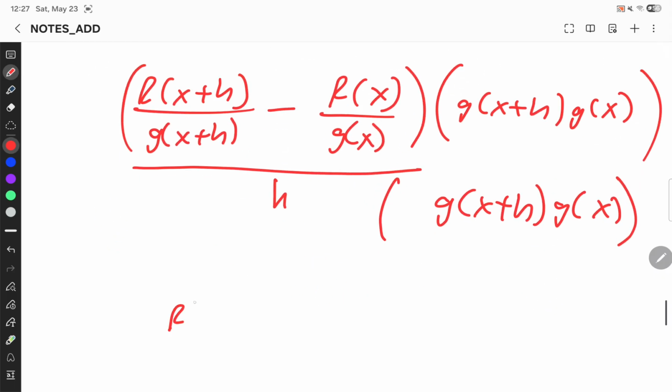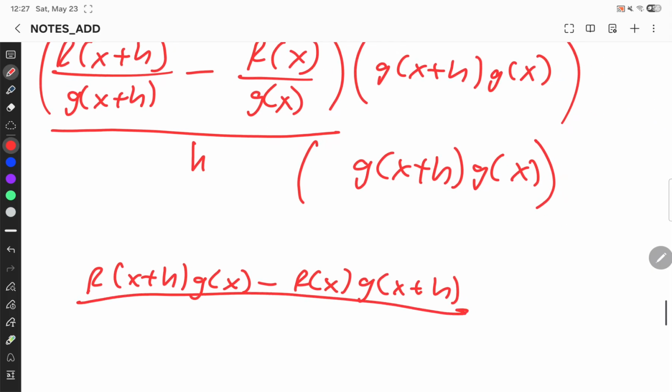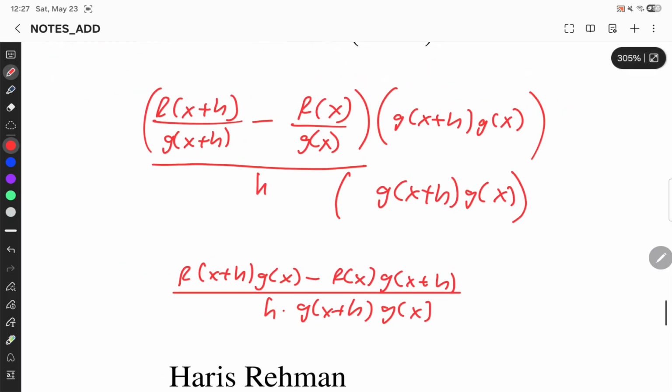We will get f of x plus h, g of x minus f of x, g of x plus h, all over h times g of x, h times g of x plus h. Nice.